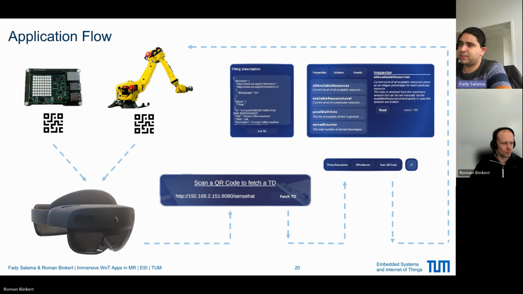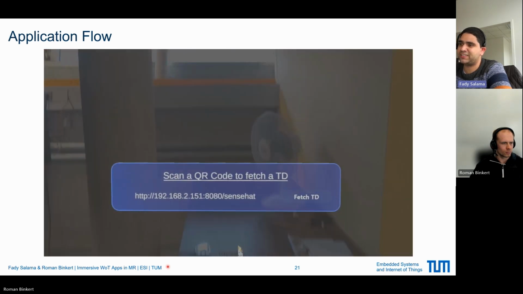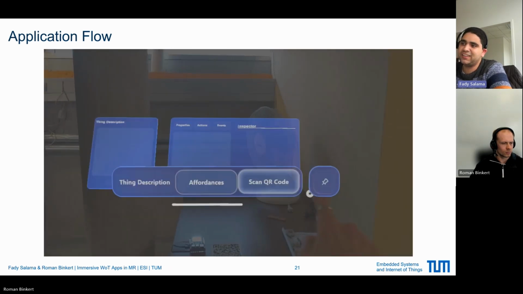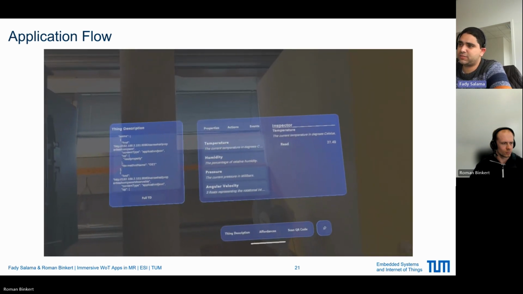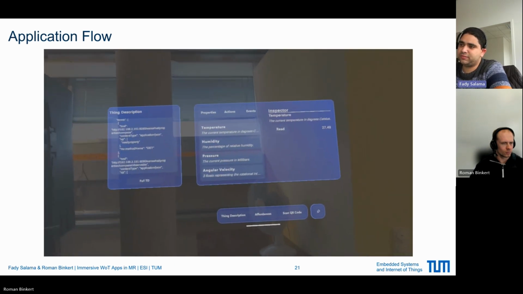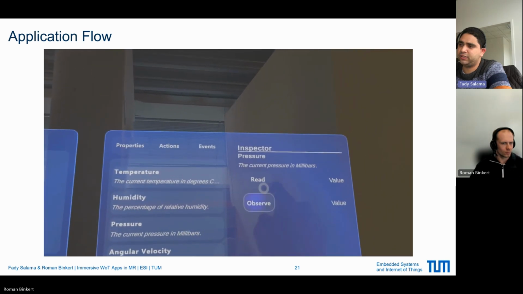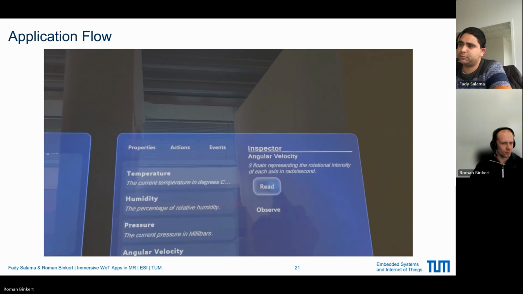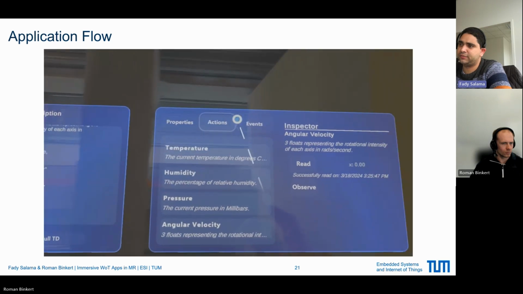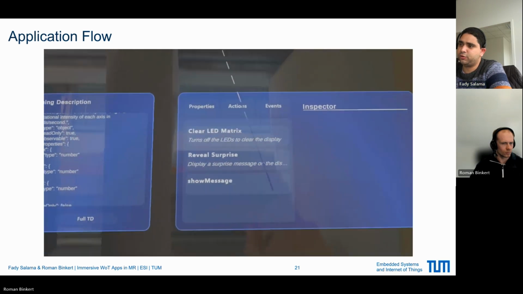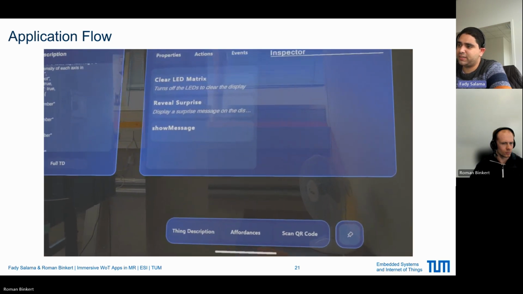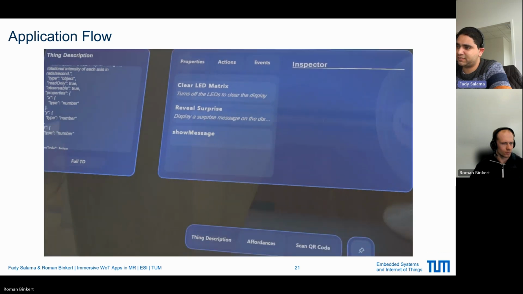So that was the first iteration, and I hope in the next video it will not be very choppy and you can see at least something. So yeah, this is how it looks. And you can then click on reading the properties, or invoking a certain action. By the way, the device is just underneath.